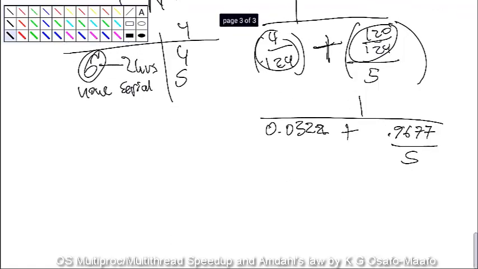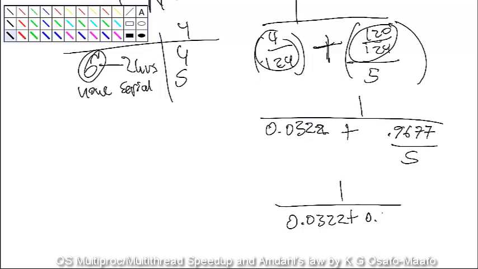So this is 1 divided by 0.0322 plus 0.193, and the speed up is 4.44, right?